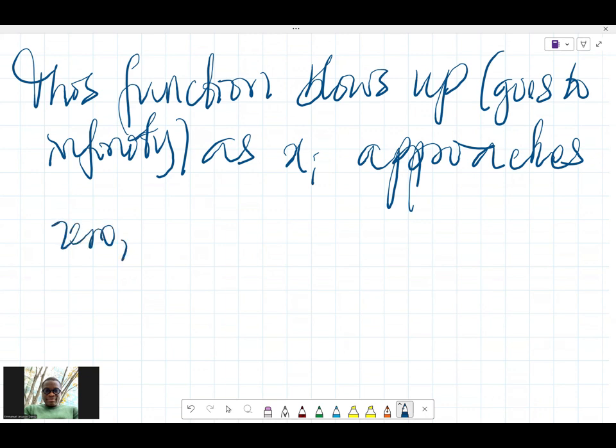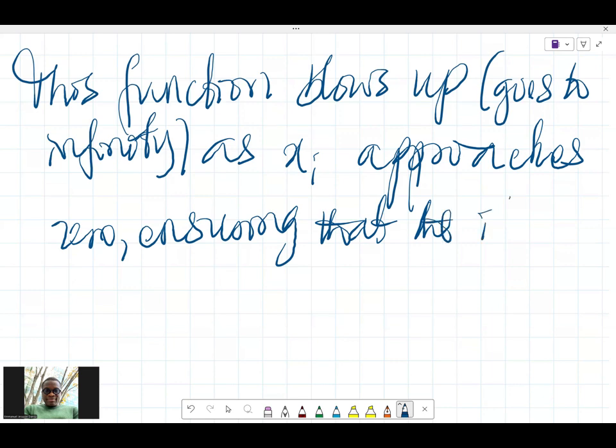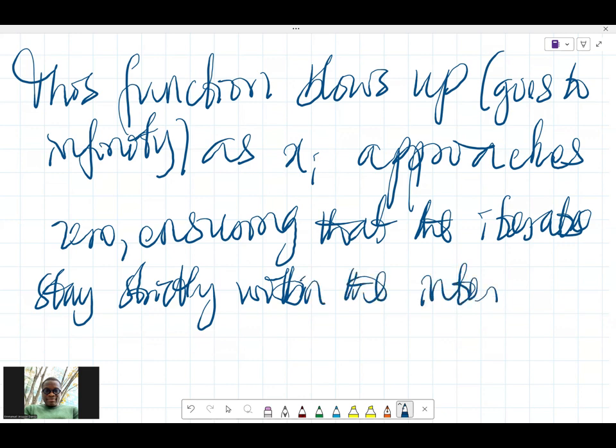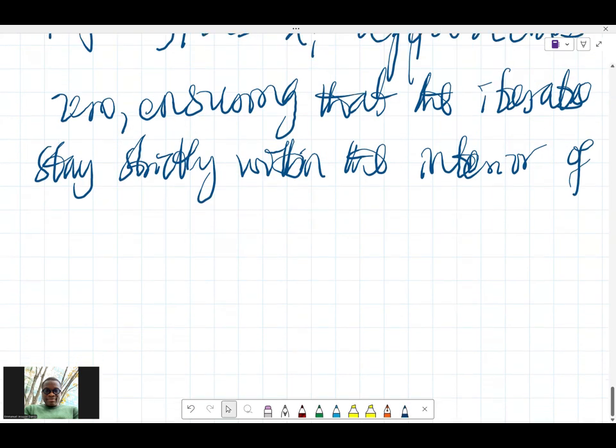As xi approaches 0, ensuring that the iterates stay strictly within the interior of the feasible region. That's where the barrier comes from.